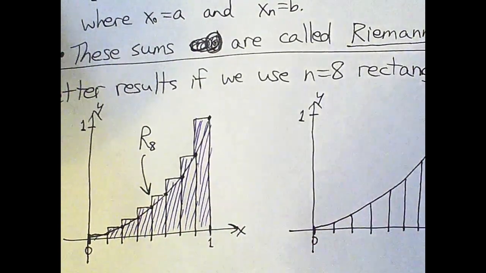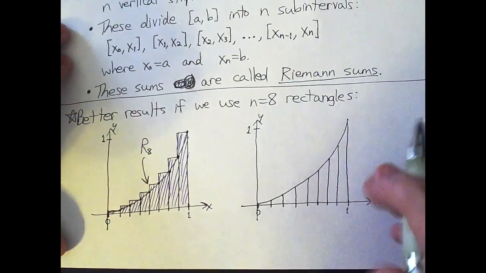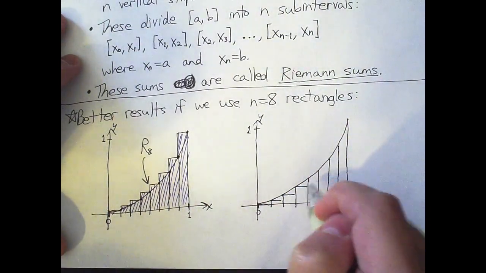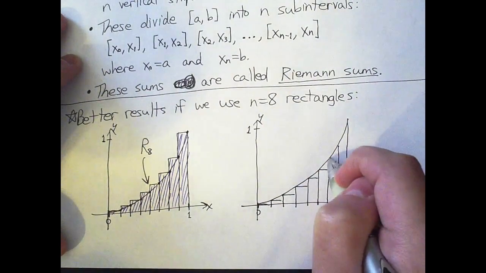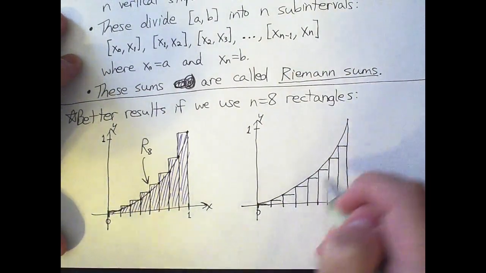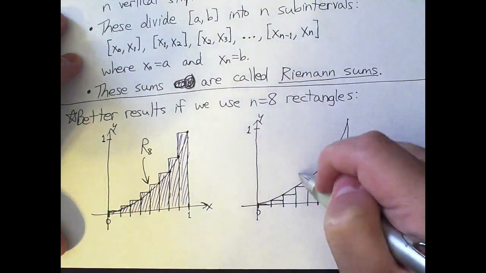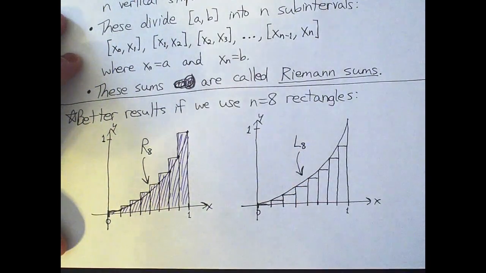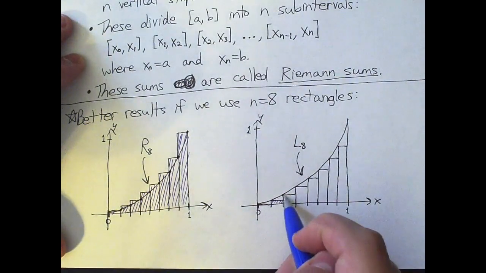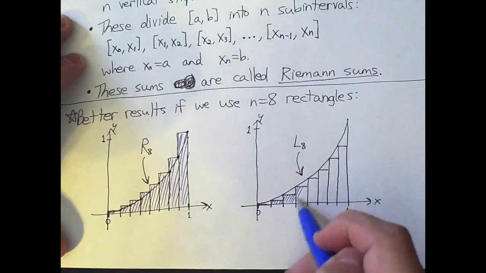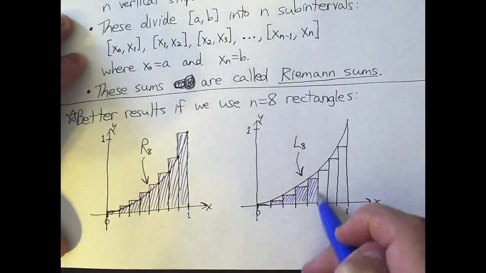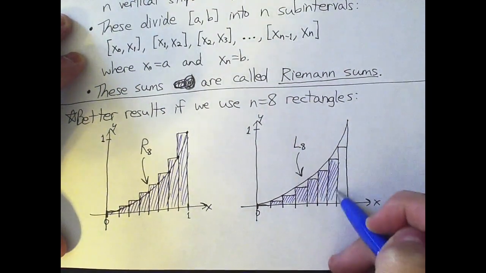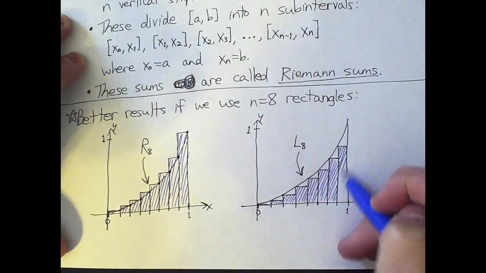And same thing is going to happen for L4. So I'll do L8. So I'll do L8 over here. So I think L8 is going to look better than L4 did as far as lining up with the curve, staying closer to it, and giving us a closer estimate to the true area A. Maybe we could do L8 and R8 and then take the average of them.